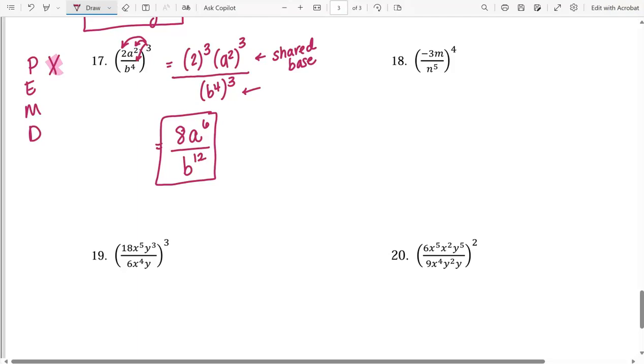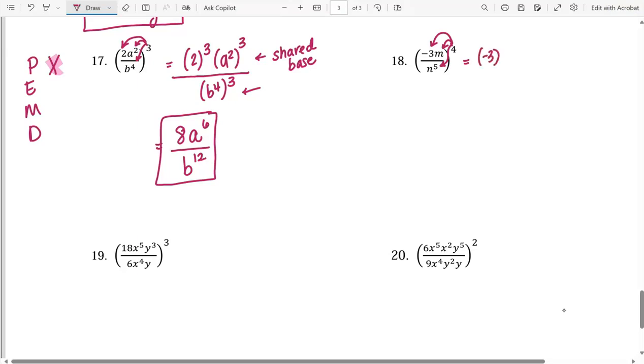Having just seen number 17, I would like you to pause and try 18. Please pause and try 18. Assuming you've done that, there's nothing inside to simplify because each base is different. So my outside exponent would be distributed in to everybody.